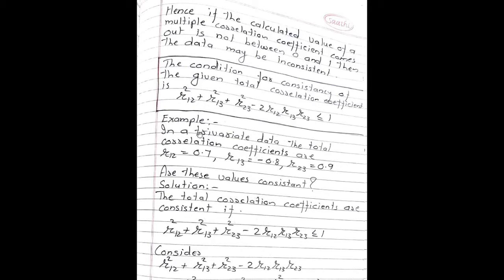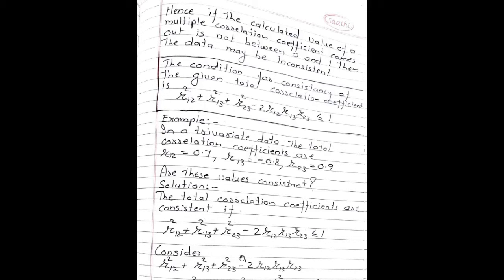See the example. In a trivariate data, the total correlation coefficients are R12 equal to 0.7, R13 equal to minus 0.8 and R23 equal to 0.9. Are these values consistent? Solution. The total correlation coefficients are consistent if R square 12 plus R square 13 plus R square 23 minus 2 into R12, R13, R23 is less than or equal to 1.